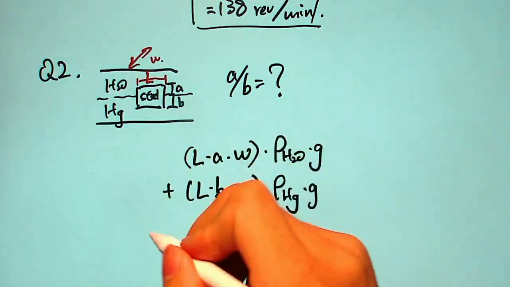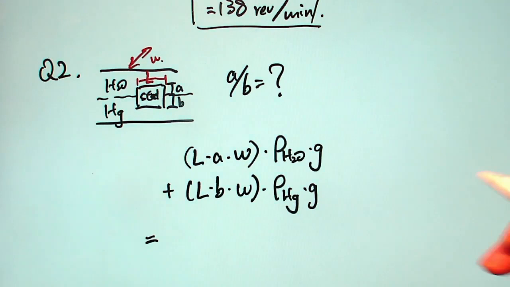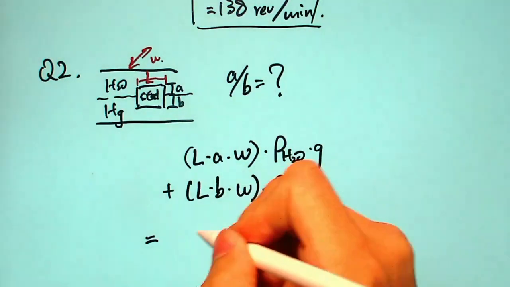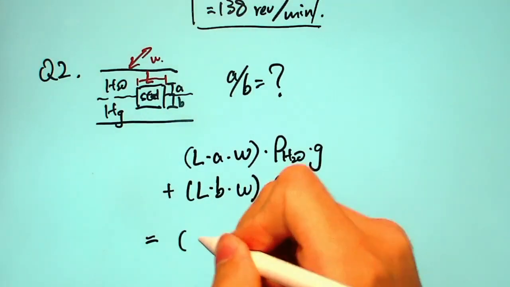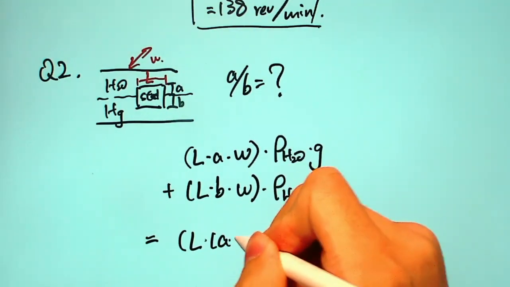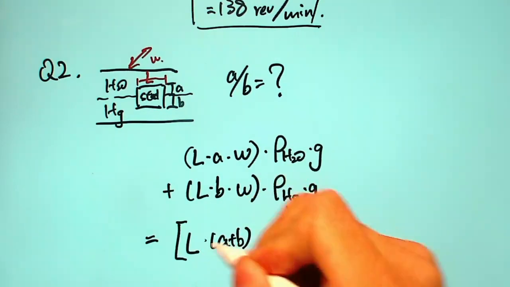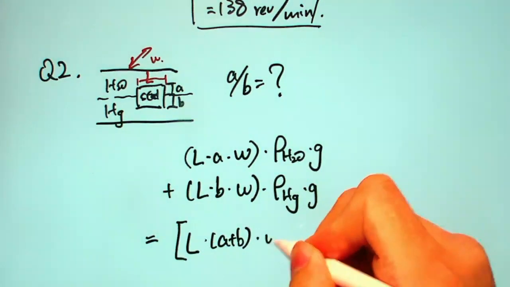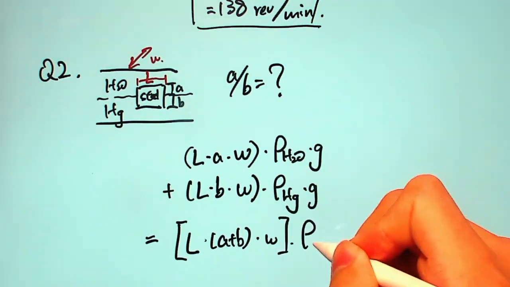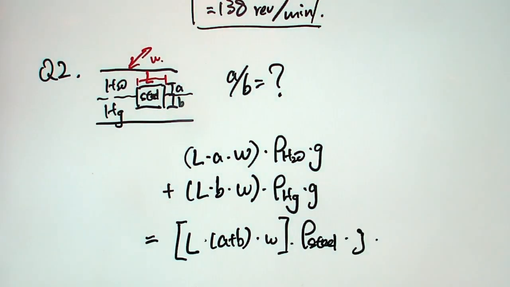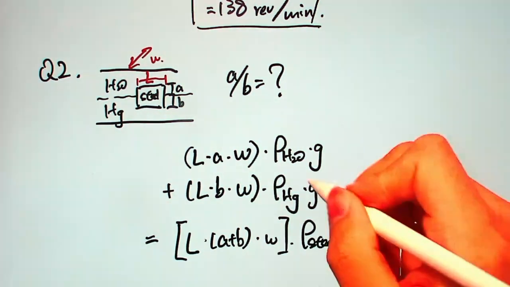The sum of this should be the same as, since it's in balance, the weight of itself. So it's L times A plus B times width times density times G. All right, so we have G cancelled.